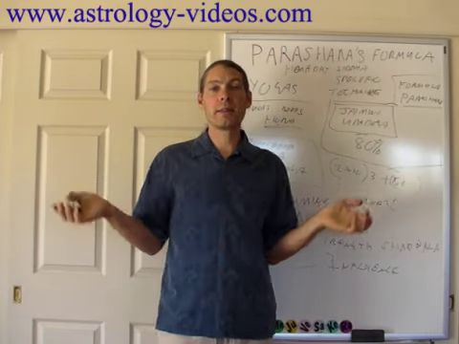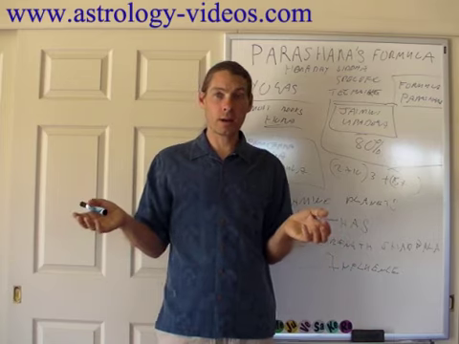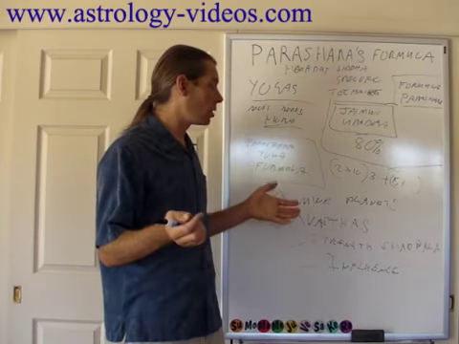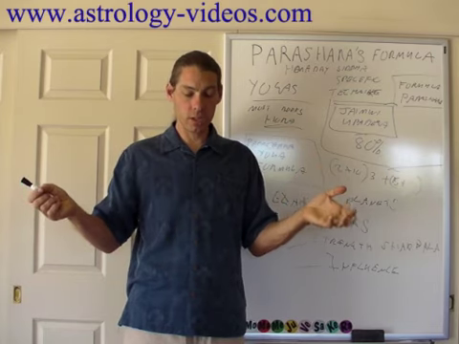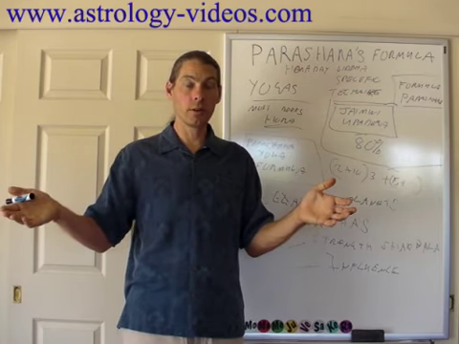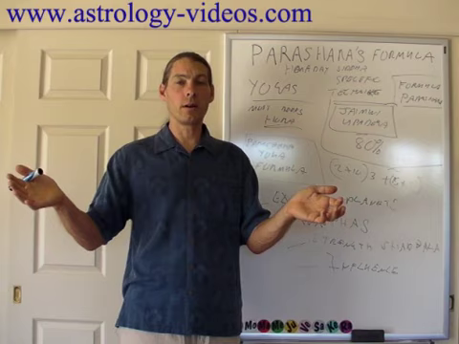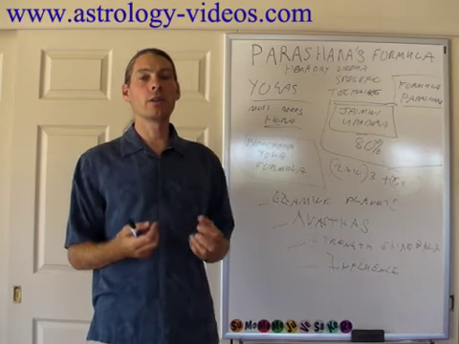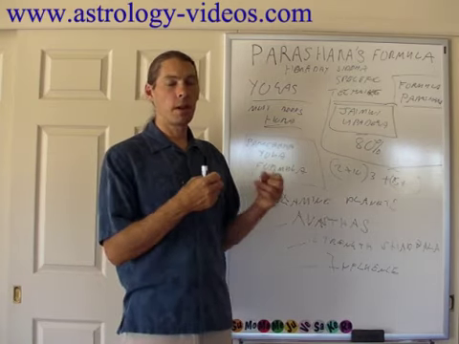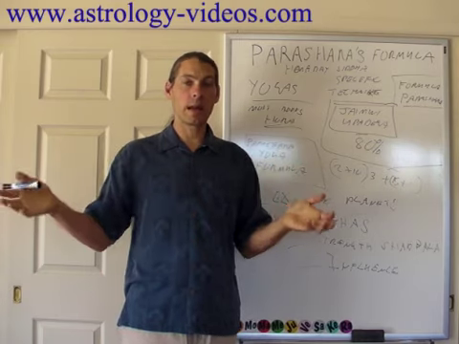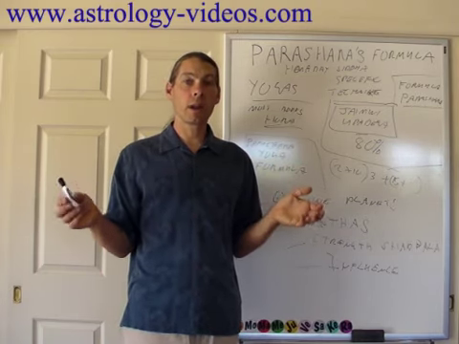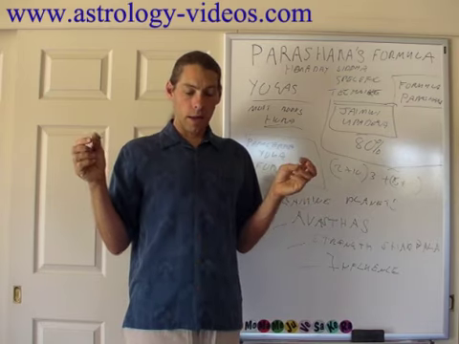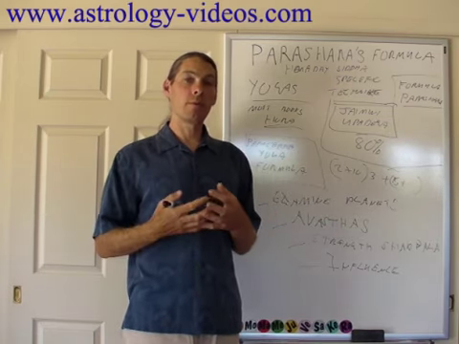You don't even know why it's there. You just know your times tables and your multiplication tables, and then you figure out your divisions and subtractions all on your own, and then you're given a big formula to solve. That's what Brihat Parashara is like. He gives you your pluses and multiplications, and gives you the huge formula with no direction of how to apply your pluses and multiplications to solve that formula.